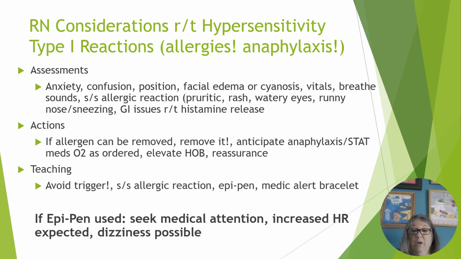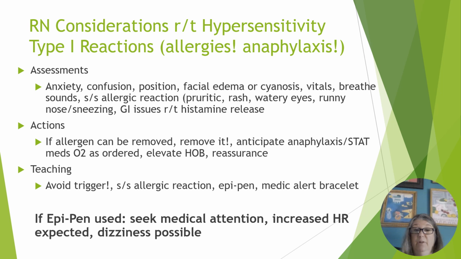General assessment. So remember, we're going to have histamine release, right? Your histamine causes everything to run and everything to itch. So they could have a rash, watery red eyes, runny nose, sneezing, angioedema. We're going to want to look at their tongue. We want to make sure that their tongue is not swelling up.